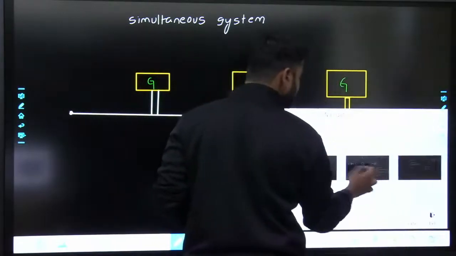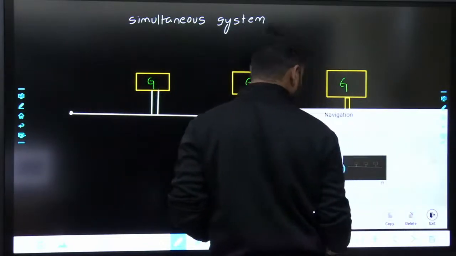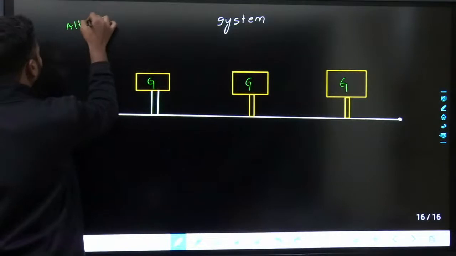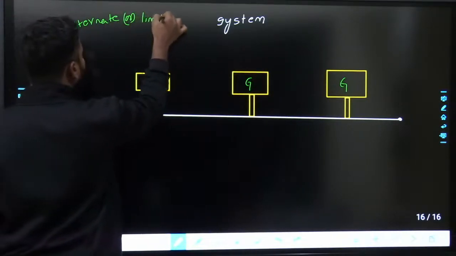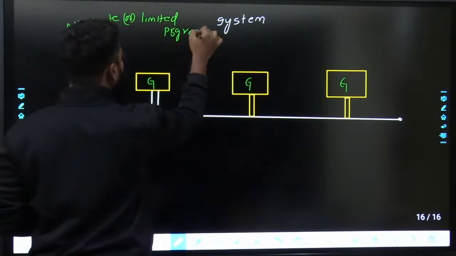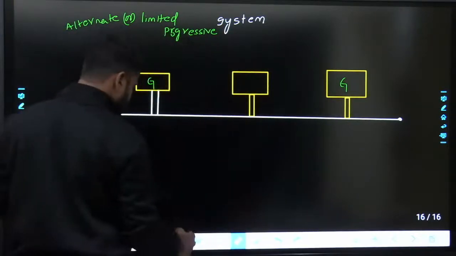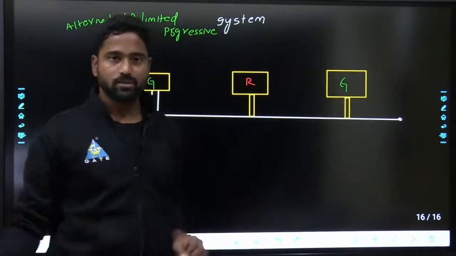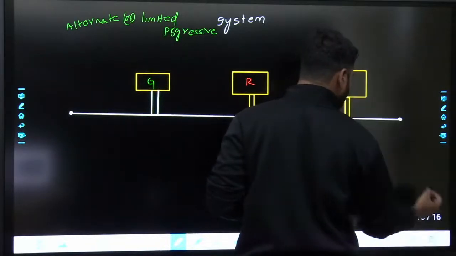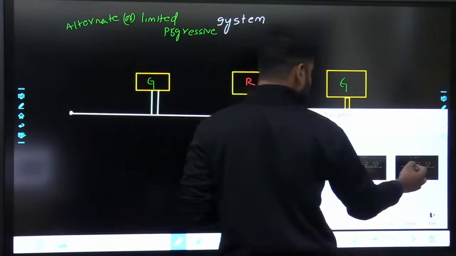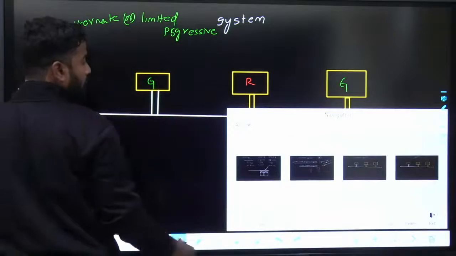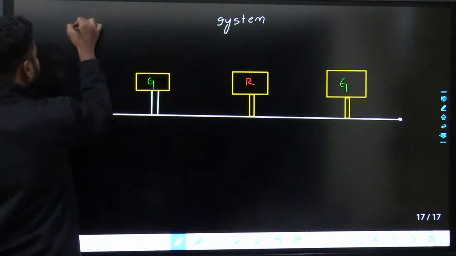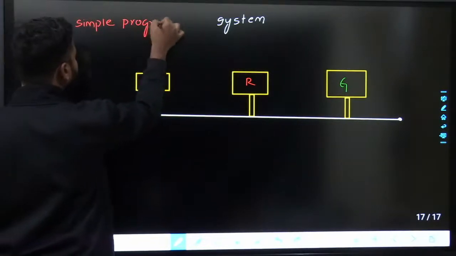Next one. The alternate or limited progressive system. The name itself says there will be green here, red here, green here. This is the alternate or limited progressive system. Next one is the simple progressive system.